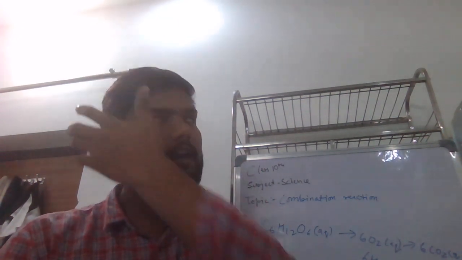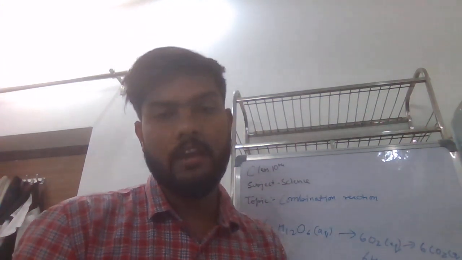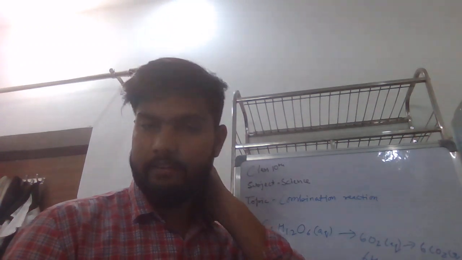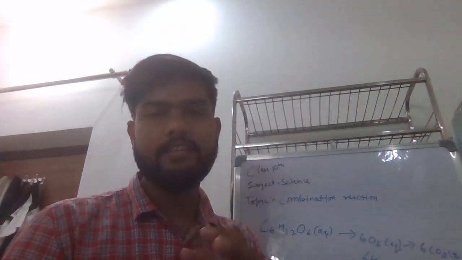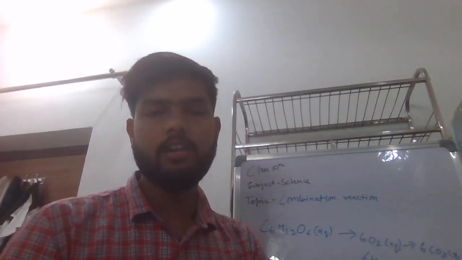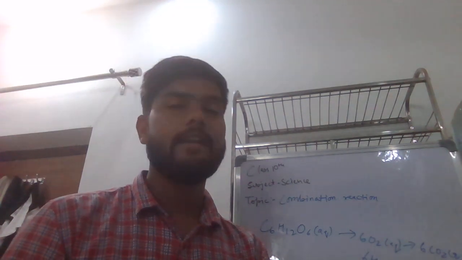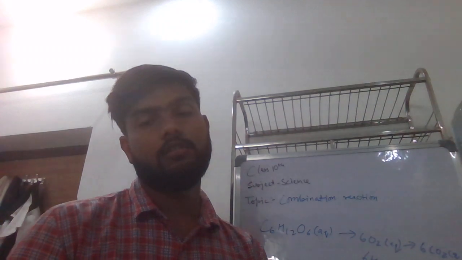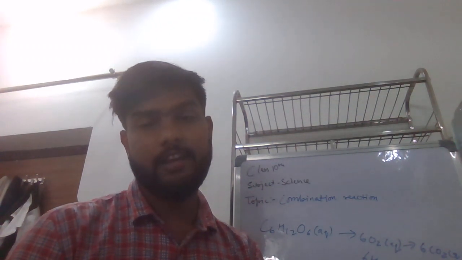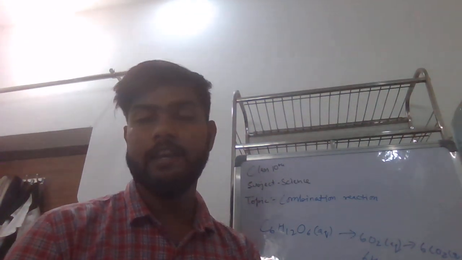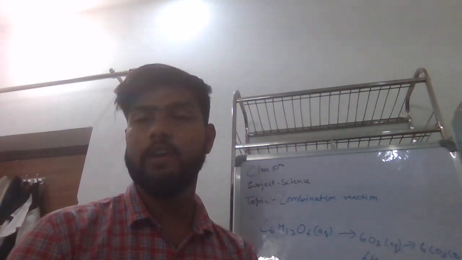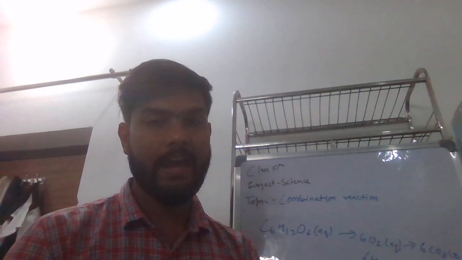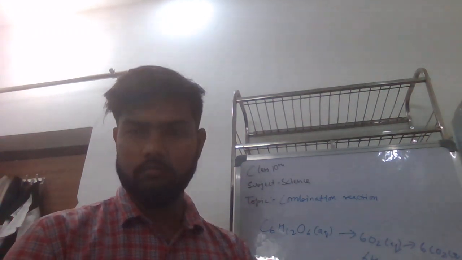Later we discussed exothermic reactions: reactions in which heat is released along with the formation of product. And later we discussed endothermic reactions: reactions in which heat is absorbed. I hope everyone has learned till now.